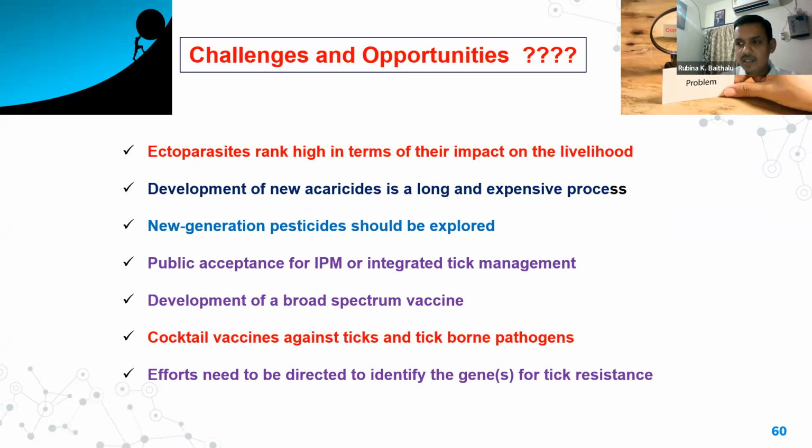I have already covered how to control the different ectoparasites like ticks, fleas, lice, and mites. So what are the challenges and opportunities? As you know, ectoparasites rank high in terms of their impact on livelihoods, and the development of a new acaricide is a long and expensive process. Why?